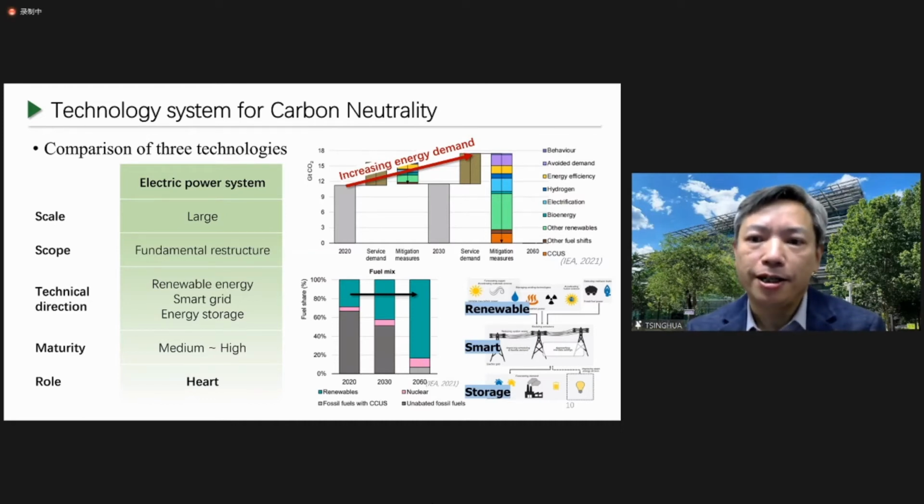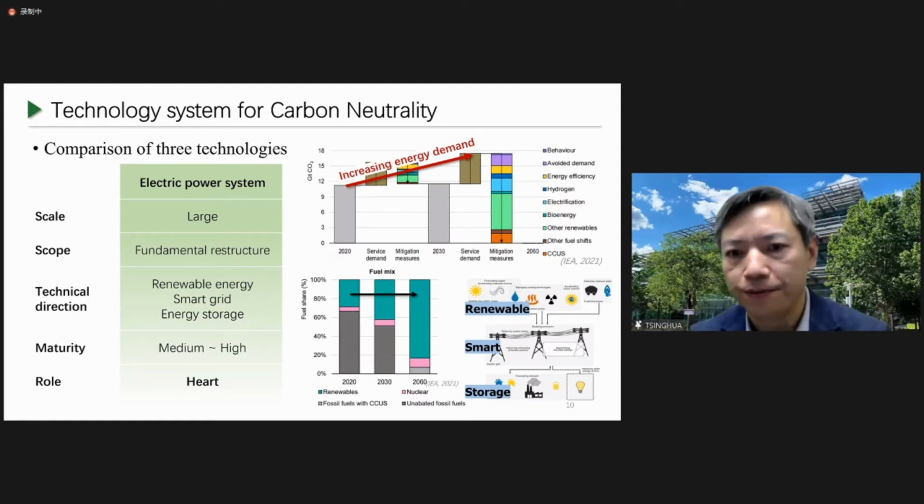There are three components as introduced: renewable energy as sources, smart grid as transmission, and energy storage. Among these components, renewable energy technology like solar PV, wind, and hydropower are more mature and have already been deployed at large scale.